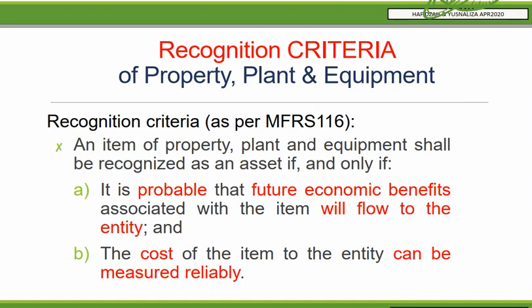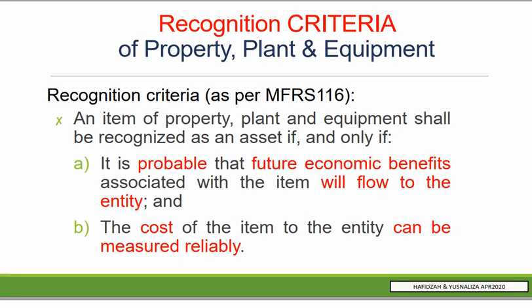So furthermore, recognition criteria as per MFRS 116. This is important. An item of property, plant, and equipment shall be recognized as an asset if and only if you meet these two recognition criteria.